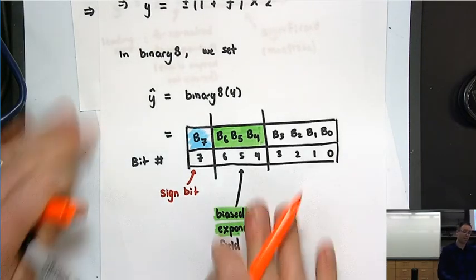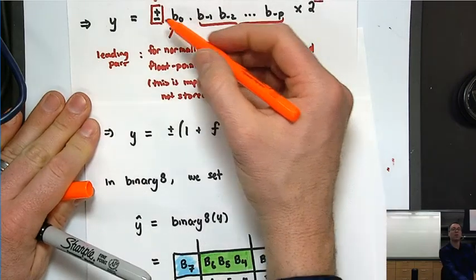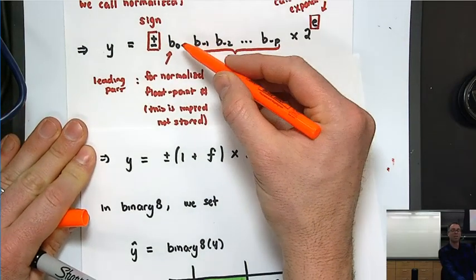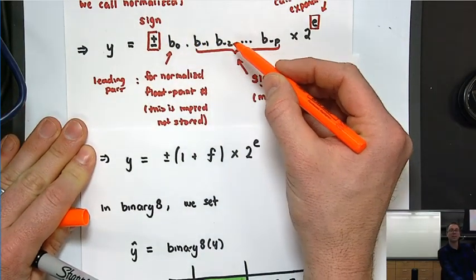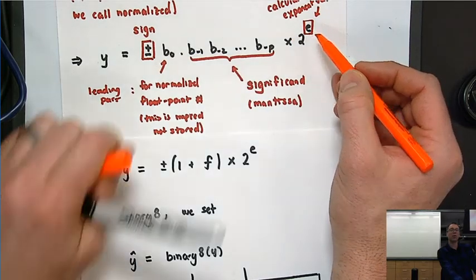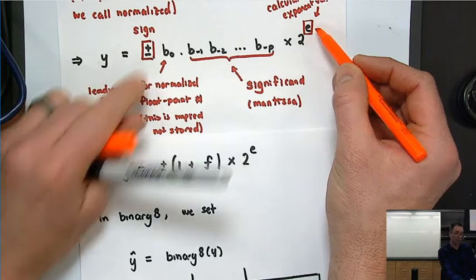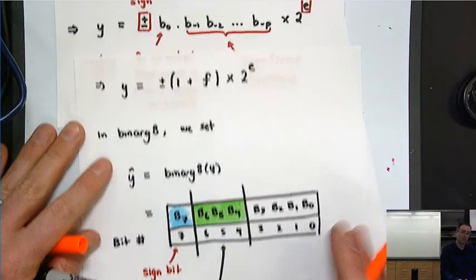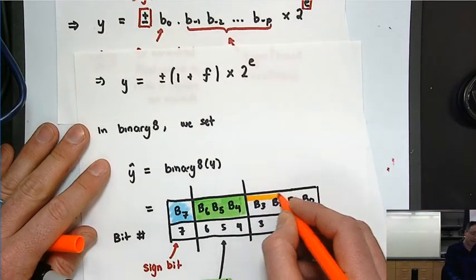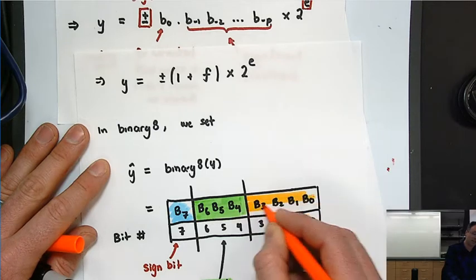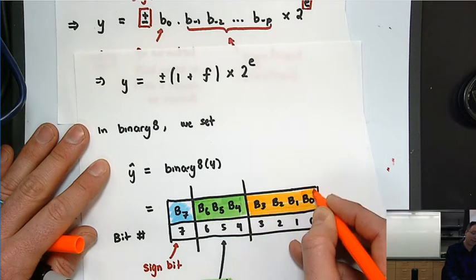Okay, could you guess what this one is? So every floating point number has what we call a sign, a leading part, which is implicit, a significand, and an exponent. So far we've stored what we call the sign and the exponent. Could you guess what the last bit is? Yeah, so these last things here are going to be called the significand.